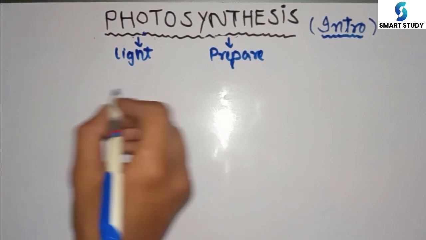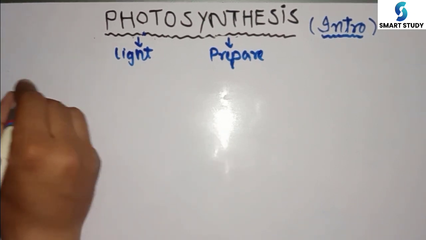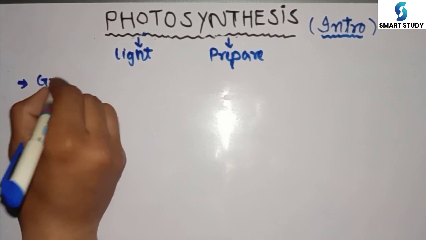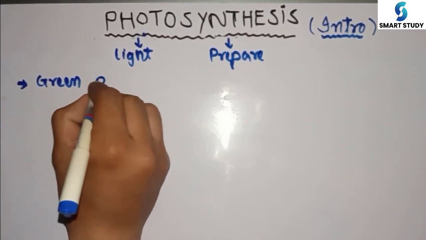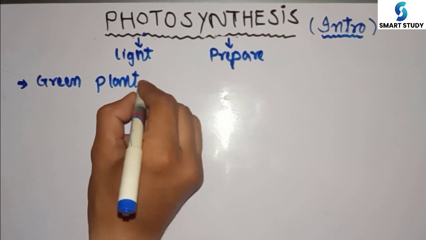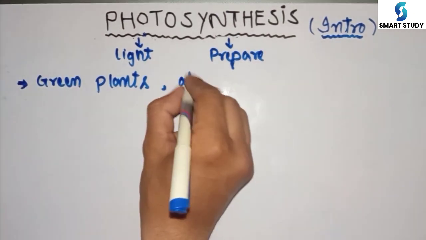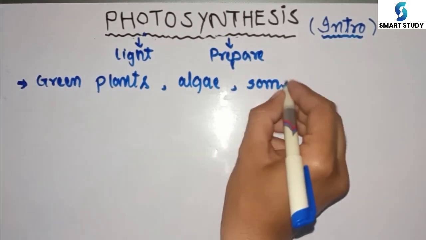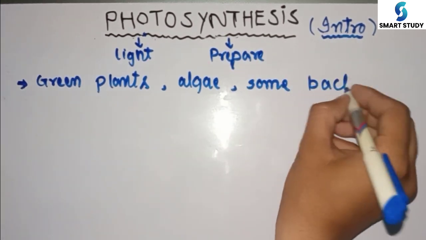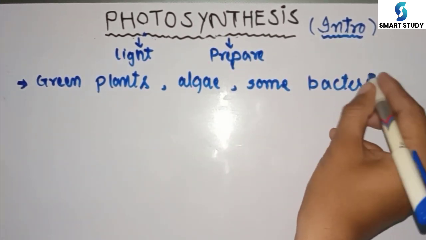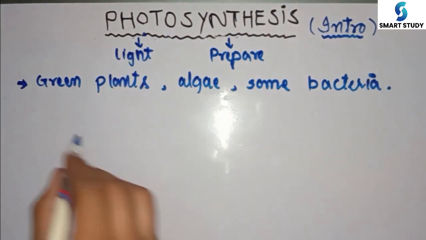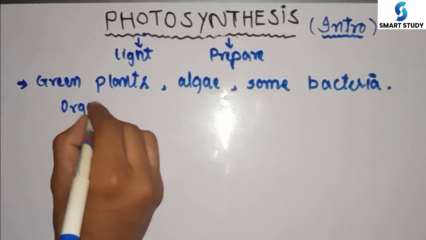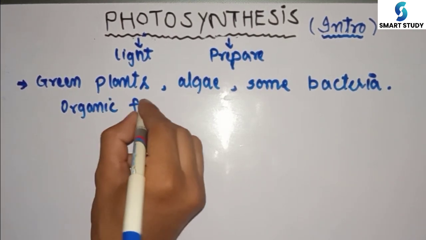This is actually a process in different organisms such as green plants, algae, and some bacteria. In this process, these organisms prepare their organic food.